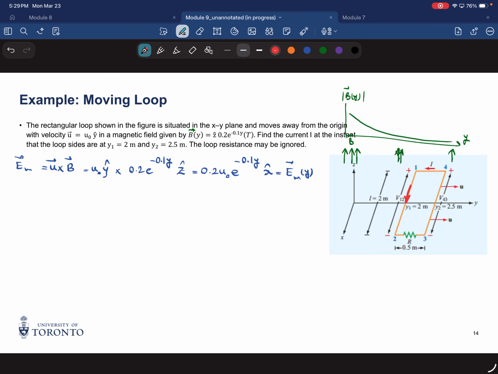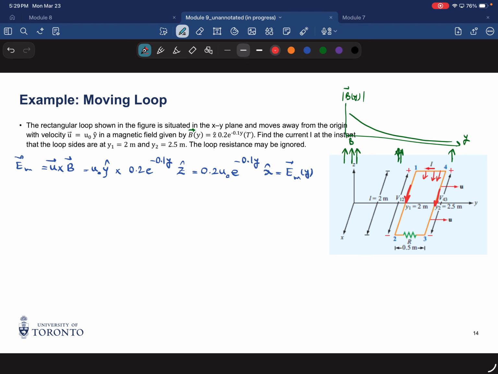So this is EM. On both of these two sides of the rectangle, this EM dot dl produces a voltage difference. And these sides, not so much, right? From 4 to 1, 3 to 2, you can't find the voltage difference by E dot dl.